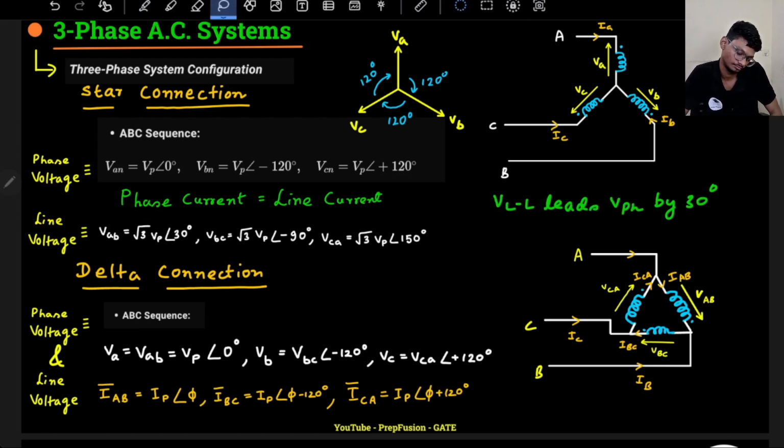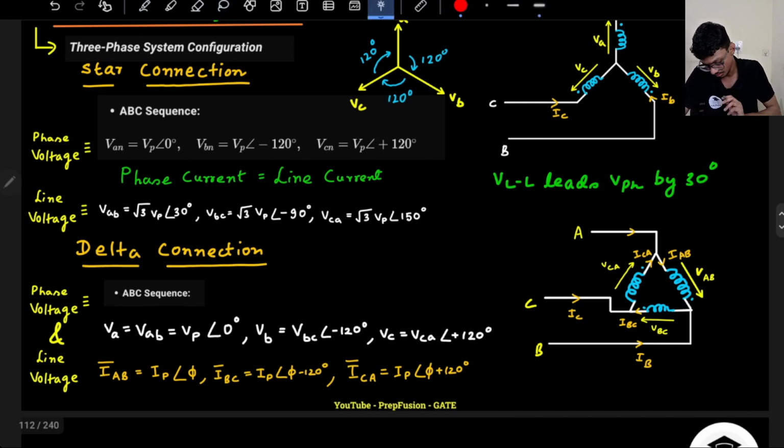That is what we know. This is my line voltage. So what is happening? There is a phase difference of plus 30. The line voltage will be root 3 times Vp, and again it will lead by plus 30. This we had derived in chapter 0.